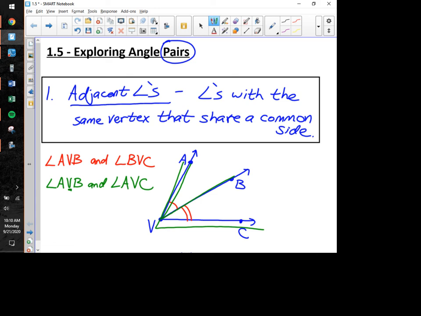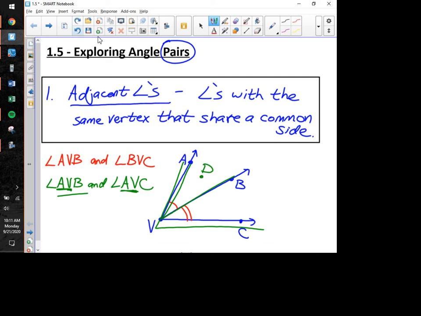Yeah, they both have a vertex at V. Do they share a common side? Yes, both of them have ray AV right there. But the reason that these 2 angles are not considered adjacent is because they overlap. This point right over here, let me call that point D, is in the interior of both angle AVB and angle AVC. And you can't have that for adjacent angles.